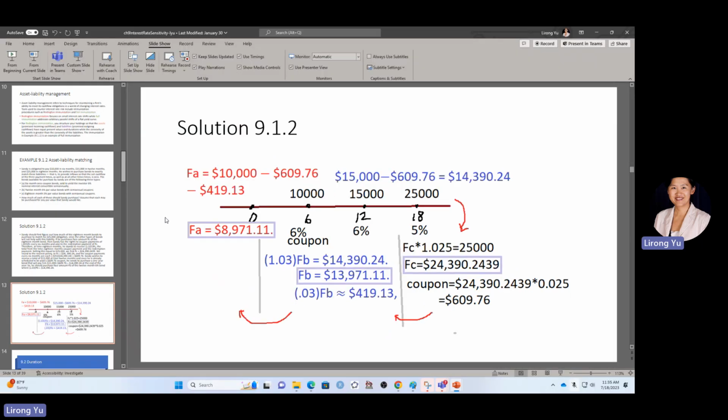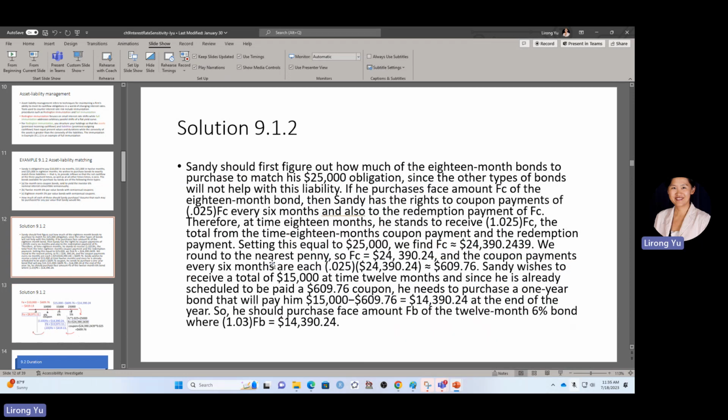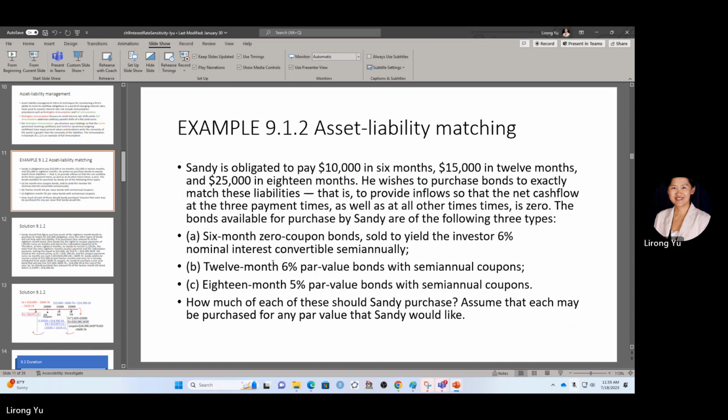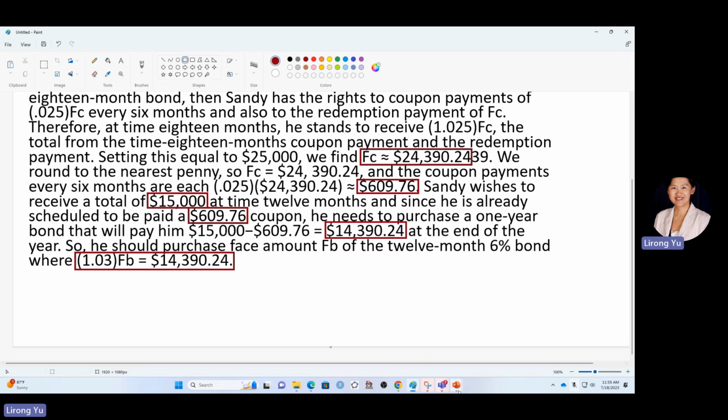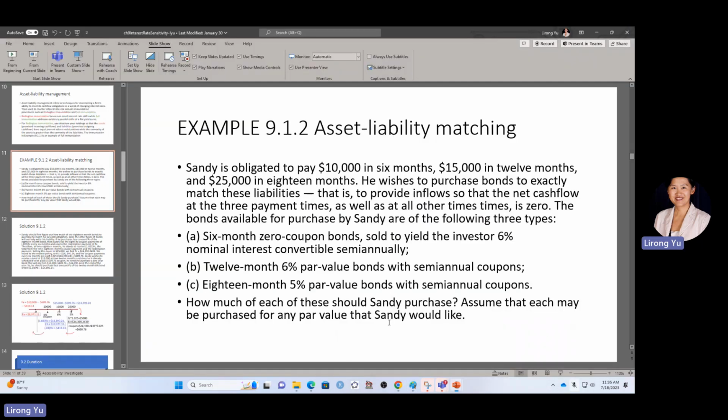Since it's a short-term bond, I believe that one has no coupon. The 6 months bond is a zero coupon bond, while the 12 months and the 18 months bonds have coupons. The first one has no coupon, so all there is is the face value we were supposed to buy of the first bond.